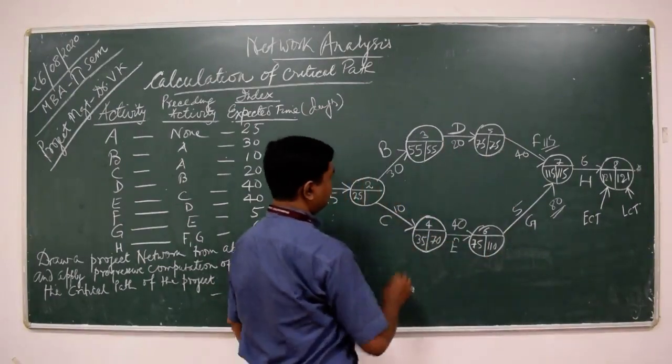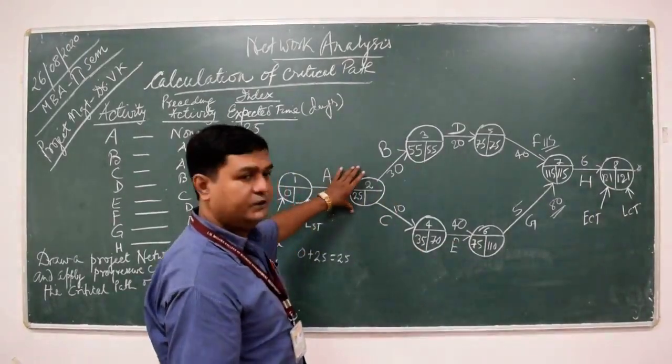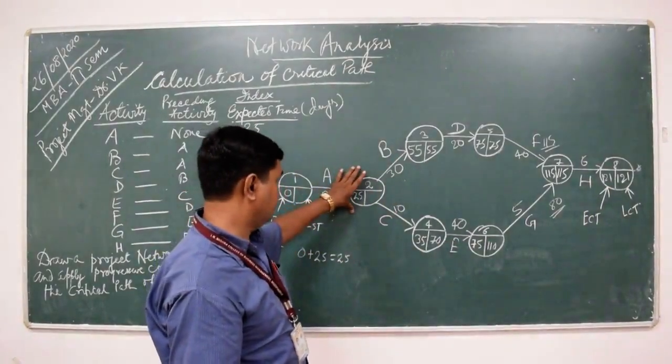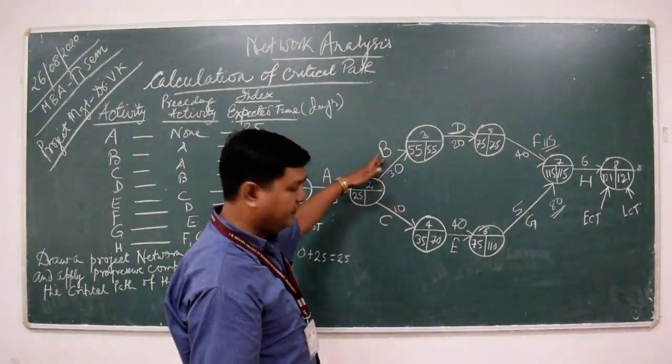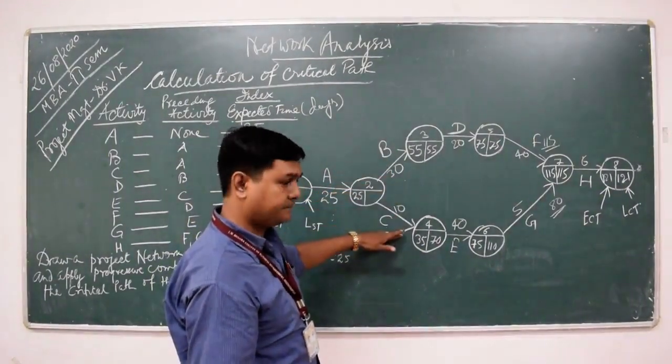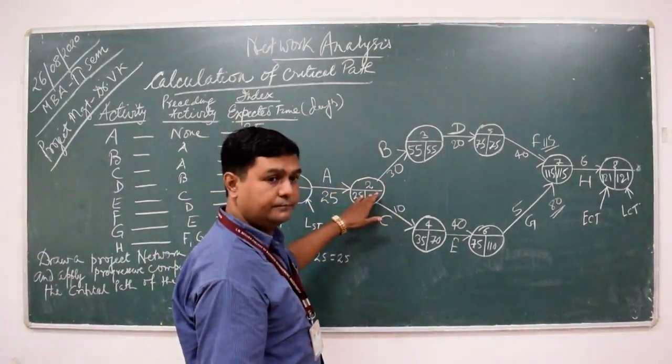Now here is the problem, event number 2, because here we are having two options, activity B and activity C. So what we have to do?